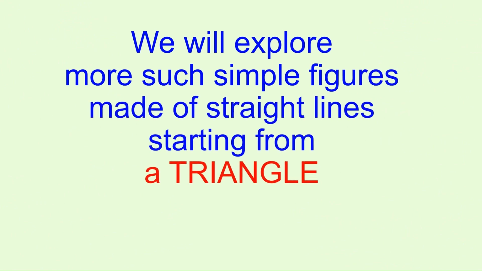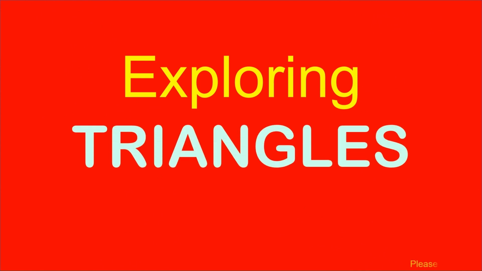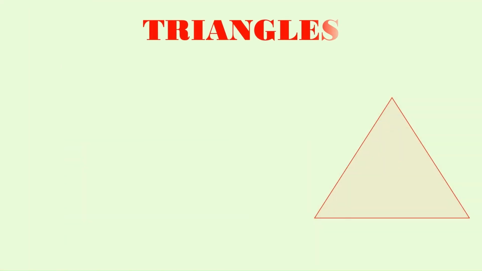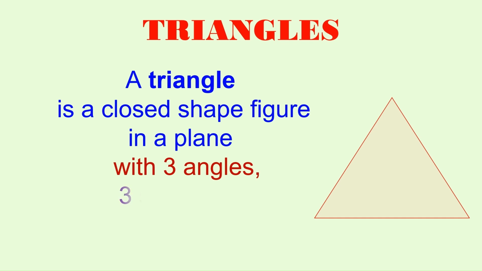We will explore more such simple figures made of straight lines, starting from a triangle. A triangle is a closed-shaped figure in a plane with 3 angles, 3 sides, and 3 vertices.